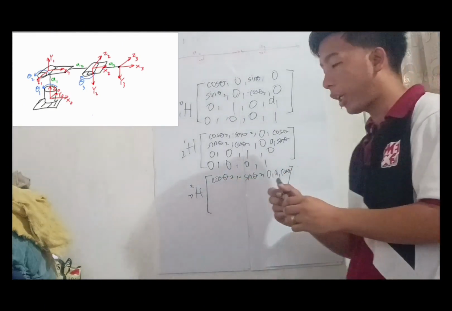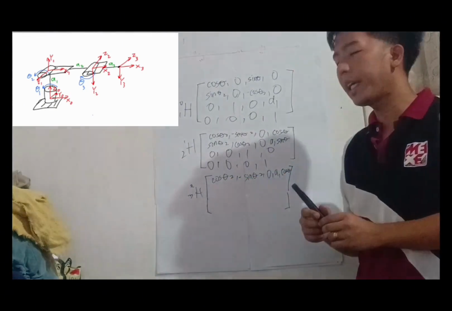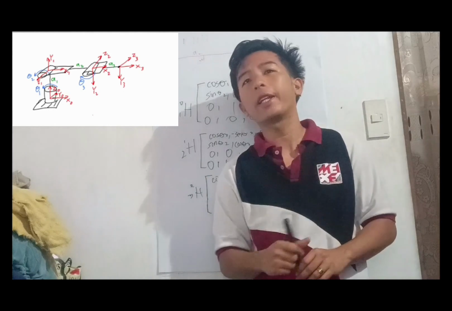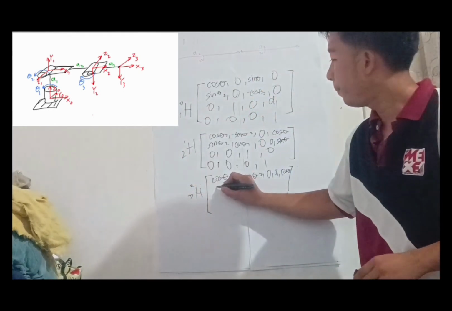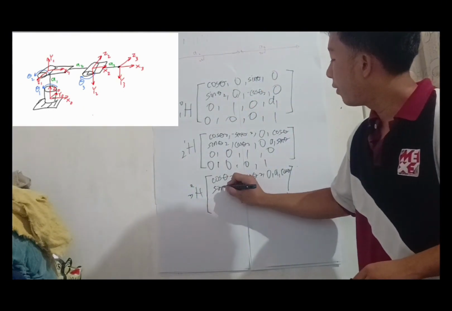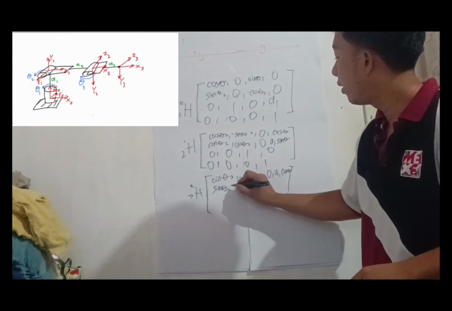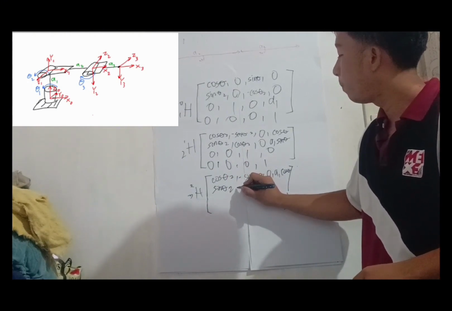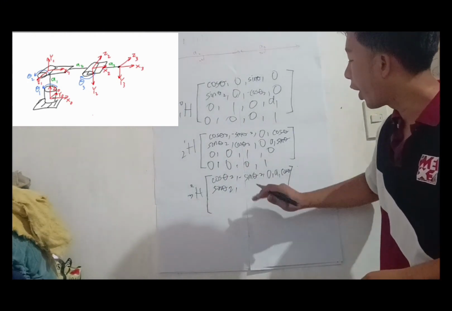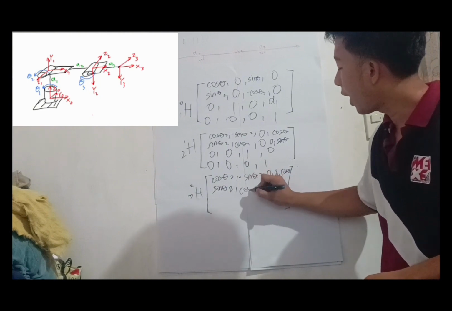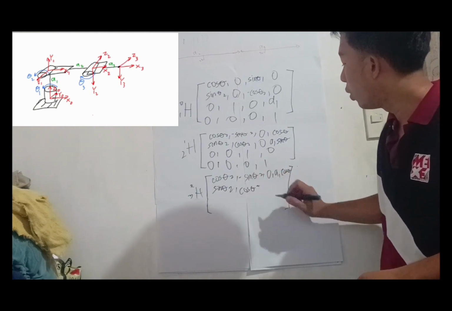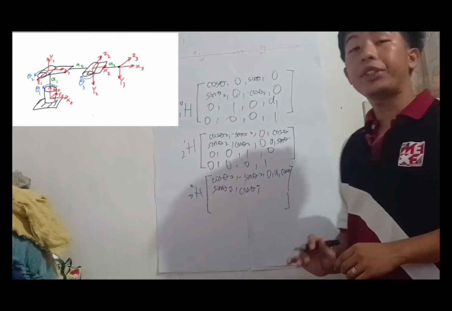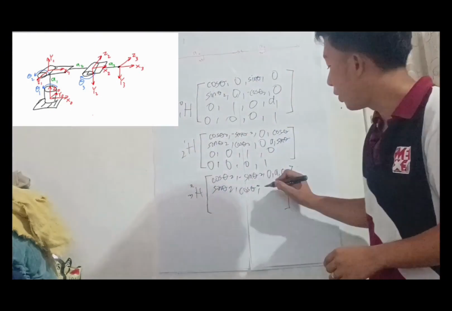So let's proceed to the second row. Sin theta represents the second angle. There will be sin theta 2. And there will be cosine theta 2. So, there is 0, there will be no rotation.